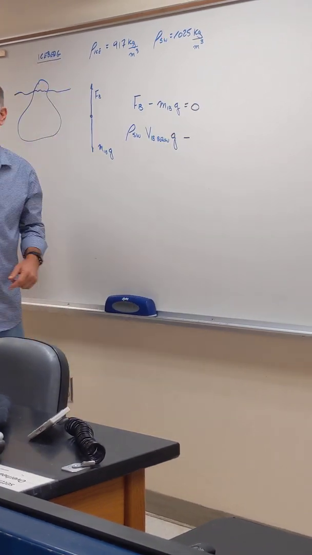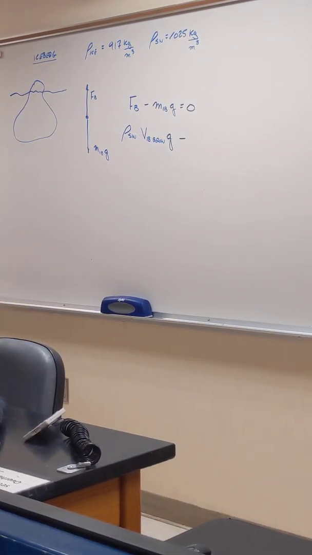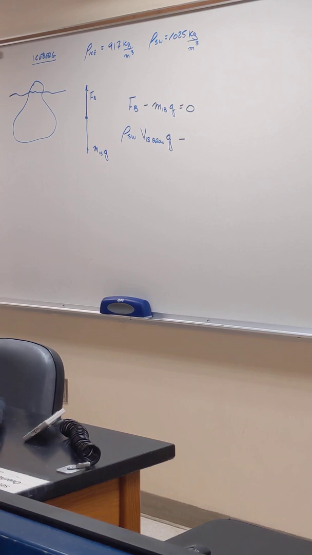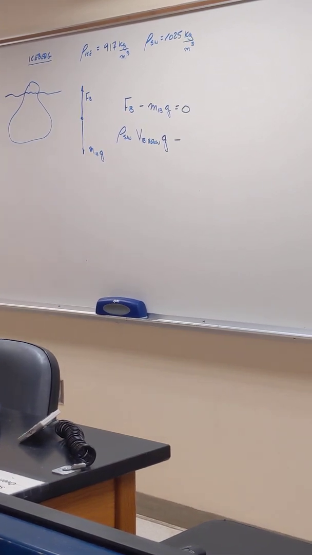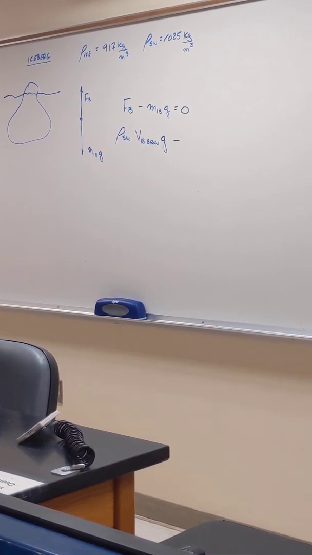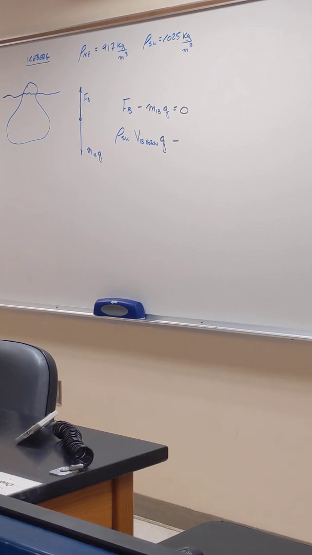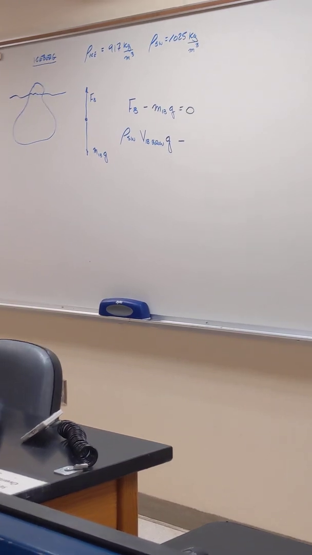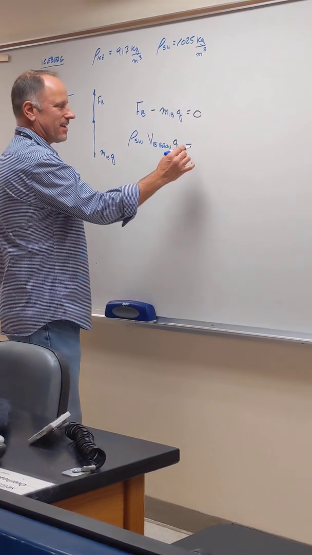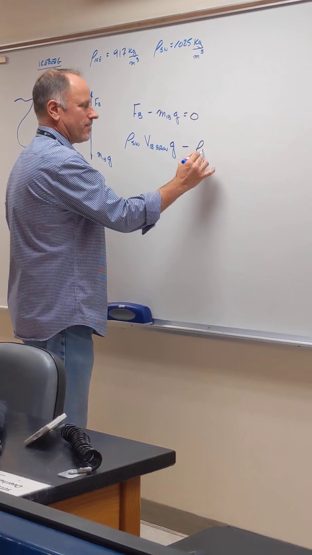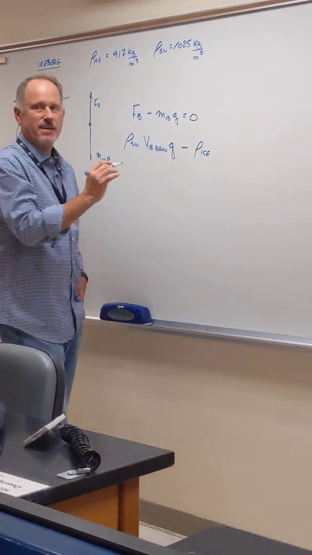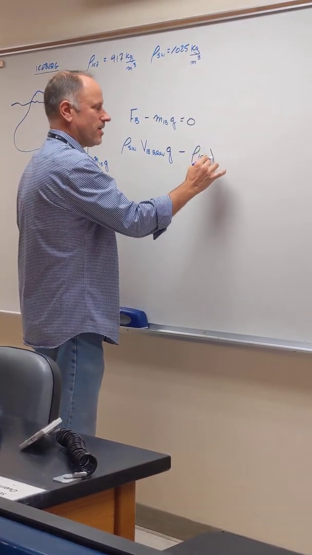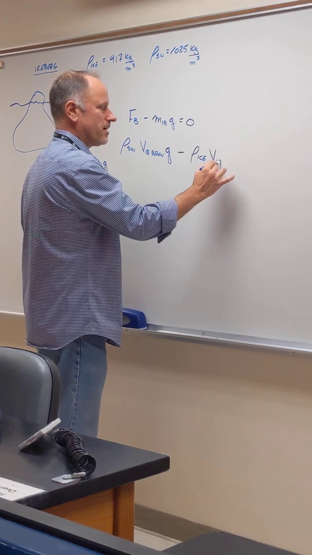Minus the mass of the iceberg. How do I get the mass of the iceberg? Put it on a scale. Yes. So I take density of ice times the volume of the iceberg.